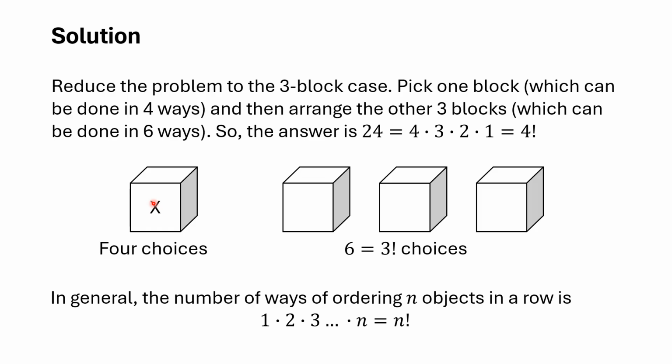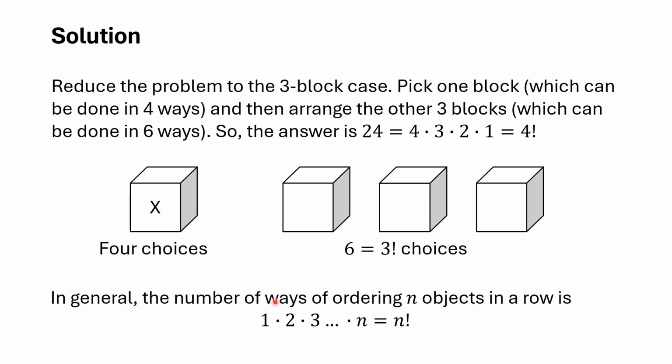And then we do it for C, and then take the other 3, and then D, and then take the other 3. So basically we have 4 choices here, and then 3 factorial or 6 choices here. So the answer is 4 times 3 times 2 times 1, which is usually written as 4 factorial, and that's 24. And you can see how this would go to 5 and 6 and so on.